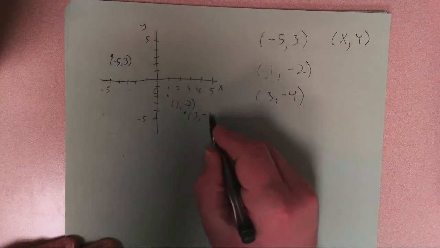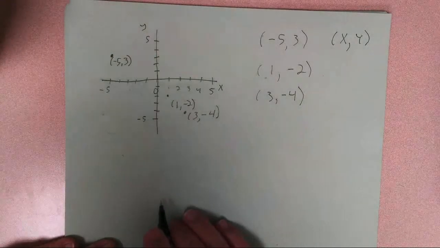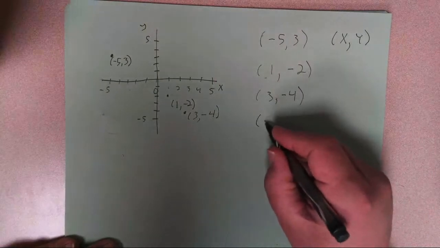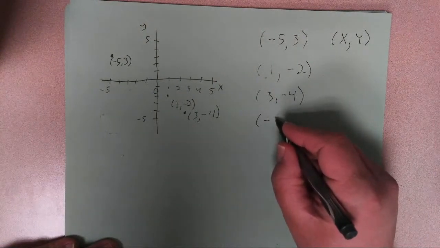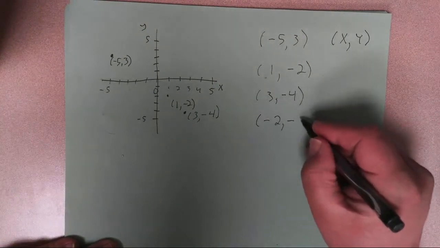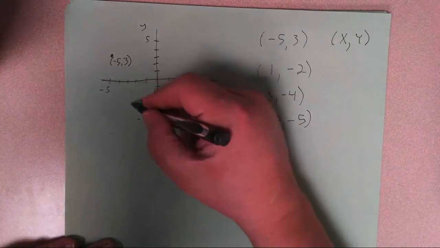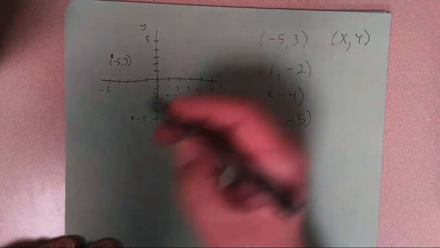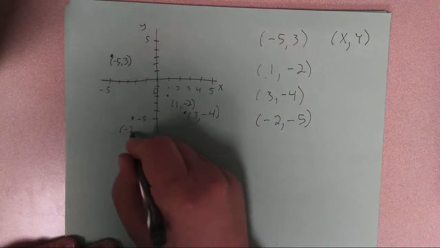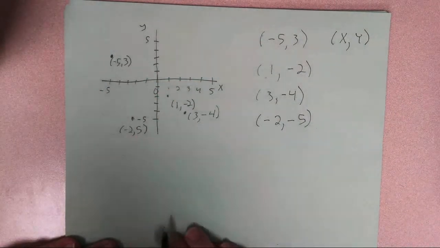They could both be negative. -2, -5 would be -2 on the x-axis, -5 on the y-axis.